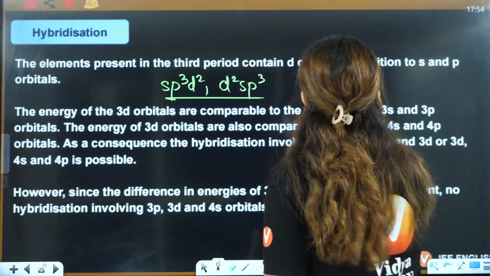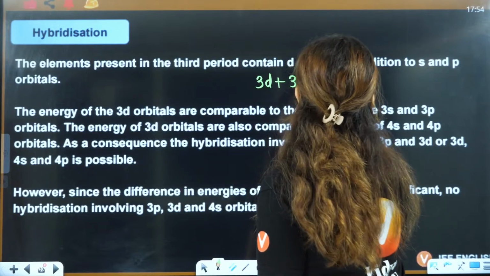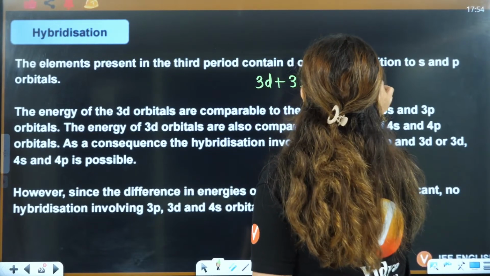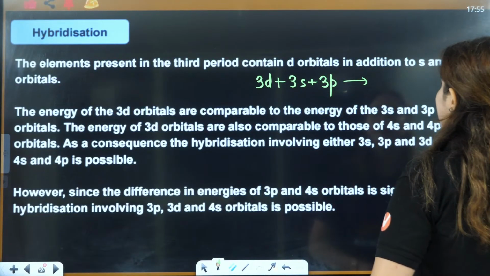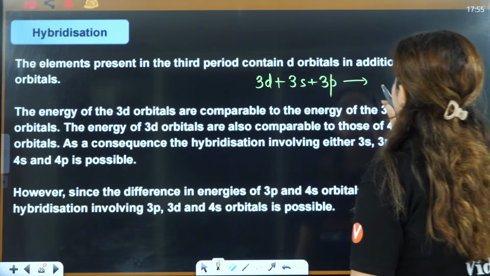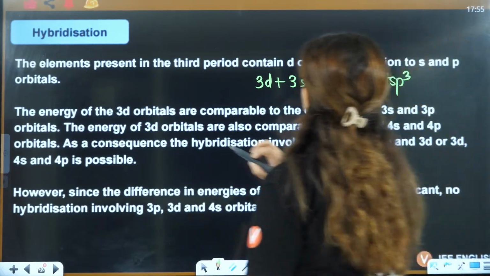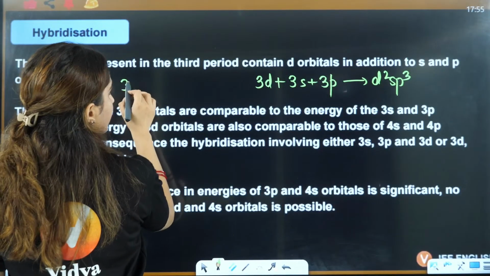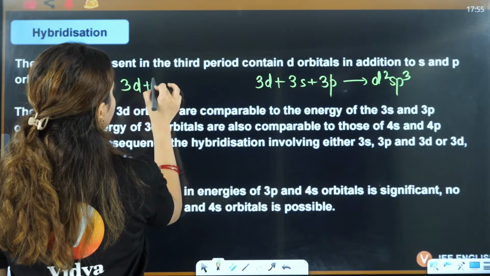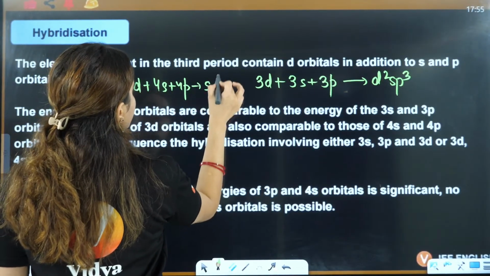If 3d is formed between 3s and 3p, in that case you will have the formation of sp3d2, and if you have 3d with 4s and 4p, then the answer will be d2sp3.